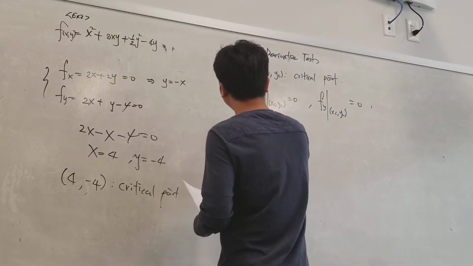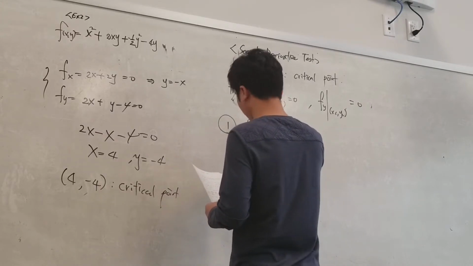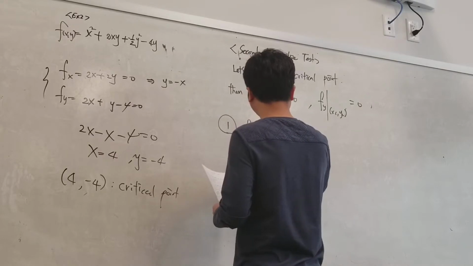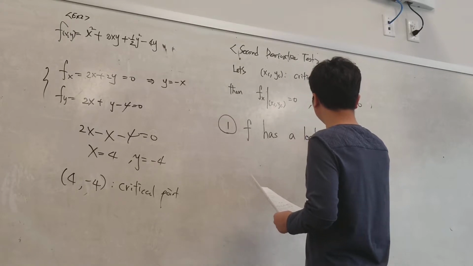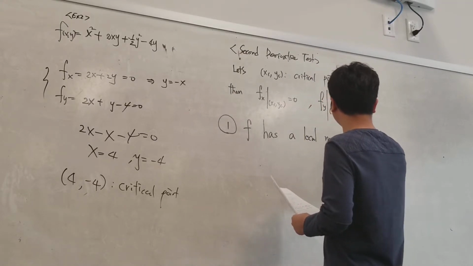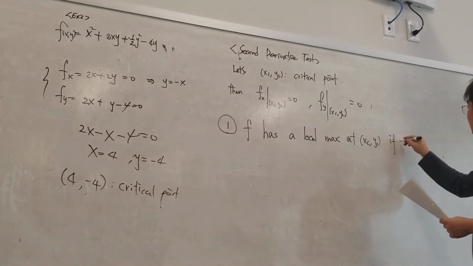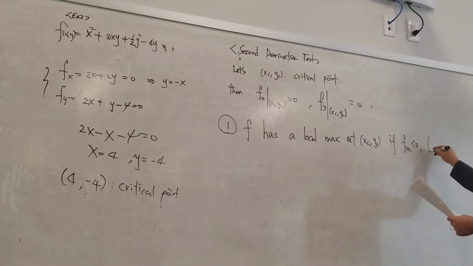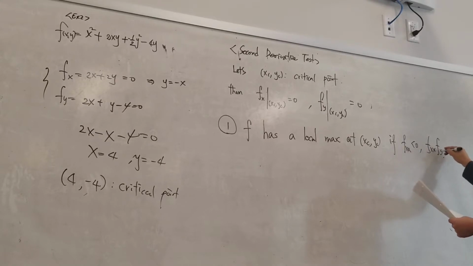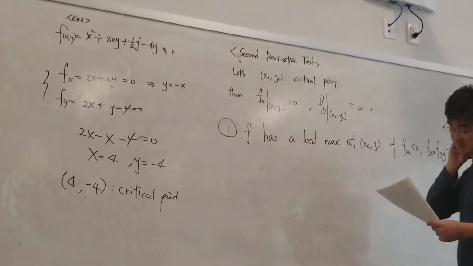So, number 1, f has a local maximum at this critical point, xc, yc, if the second partial derivative is less than 0 and the discriminant is greater than 0.